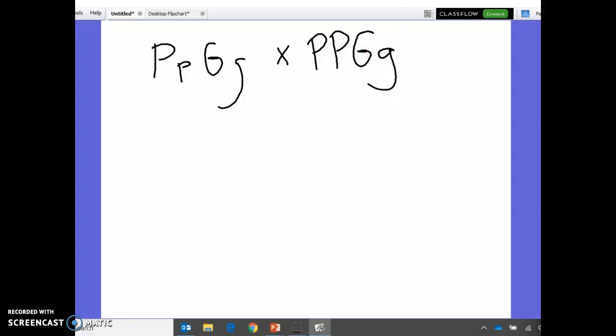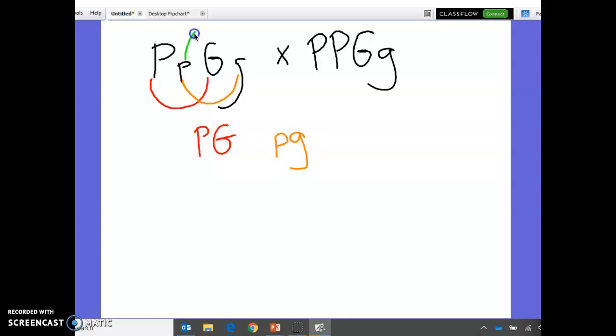Now to set up your big dihybrid Punnett square, remember we need to figure out the parents' possibilities of their gametes. So for parent number 1, through meiosis, this big P and this big G could end up in a gamete, so that's one combination. Our little p and little g could end up together.